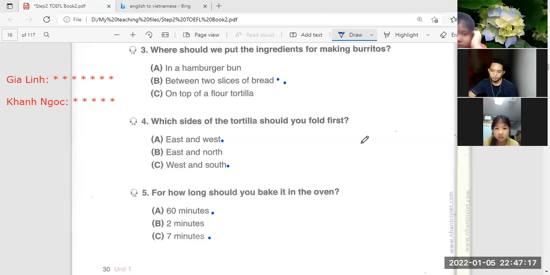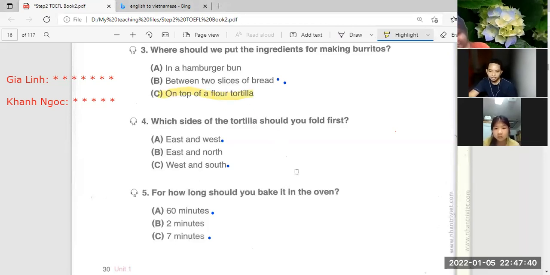Second, put 1 flour tortilla on a plate. Okay, put one flour tortilla on a plate and put all the ingredients on top of a tortilla. So the correct answer is C, on top of a flour tortilla.